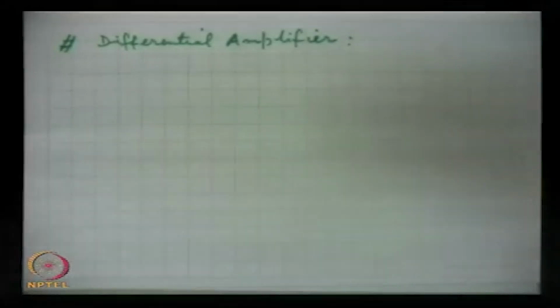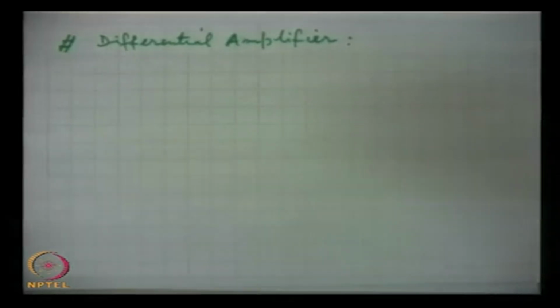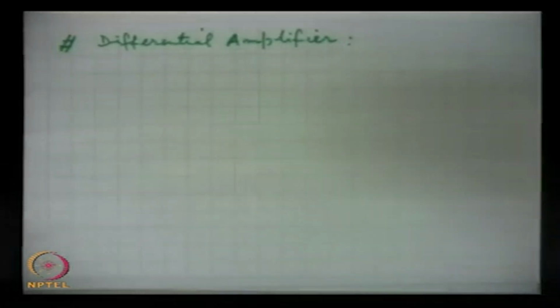We have studied differential amplifier using two transistors Q1 and Q2 and connecting in a particular way, and when we take the outputs from the two collectors, then a differential amplifier can be constructed. That is a basic design, and that was investigated for various basic understanding.